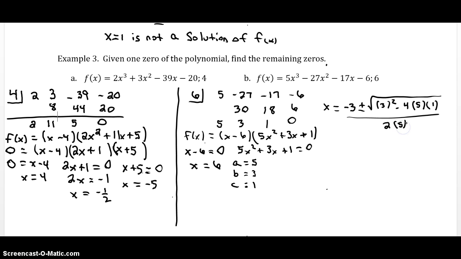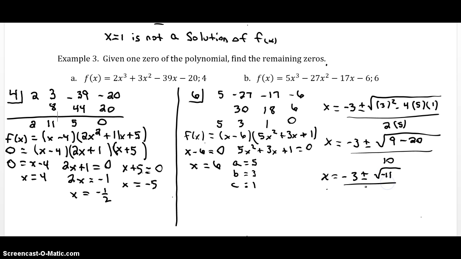And we'll simplify this. So x equals the opposite of 3 plus or minus the square root of 9 minus 20, all over 10, which gives me x equals negative 3 plus or minus the square root of 9 minus 20, which is negative 11, all over 10.